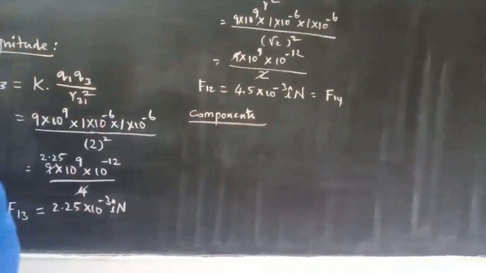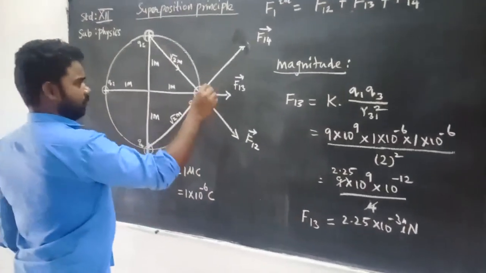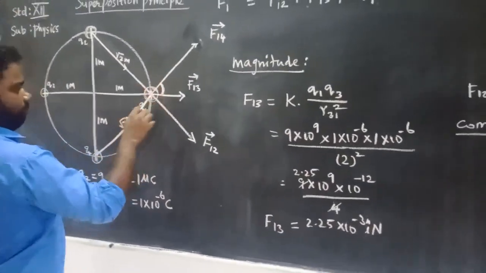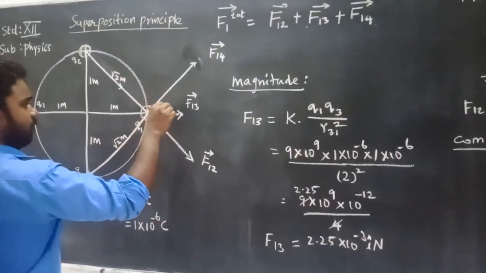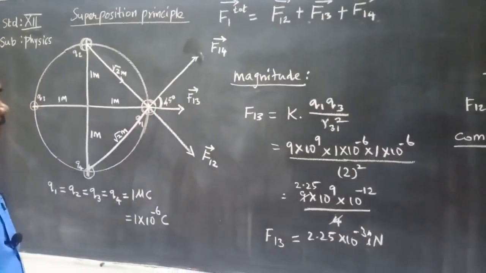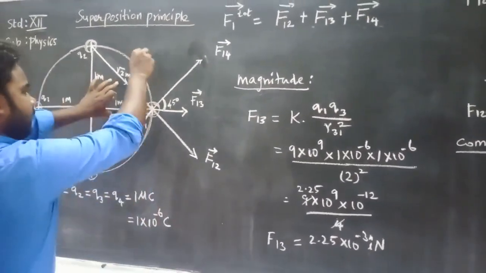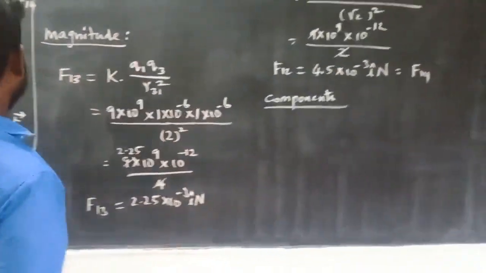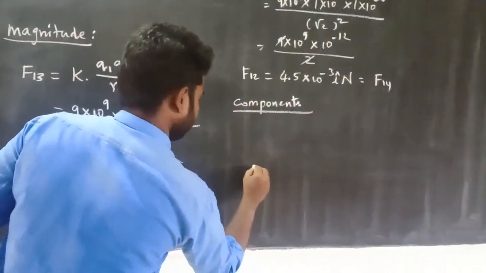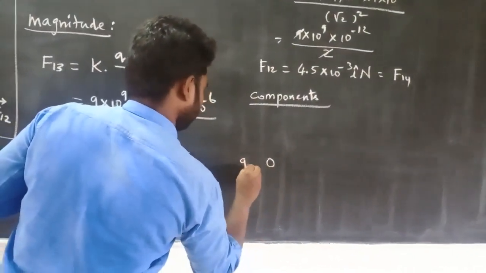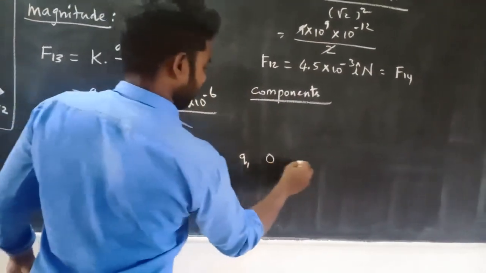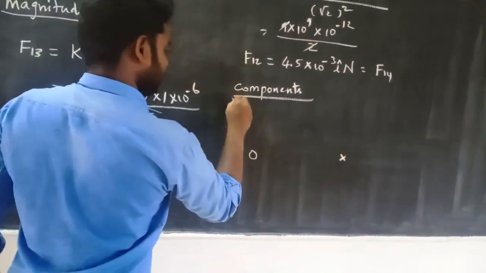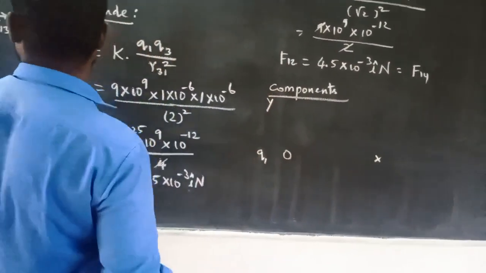In the components, see here, according to the geometry, the angle between these two is 45 degree. You know that? So you can take this part alone. This is the charge Q1. This is the positive x direction and this is positive y direction.